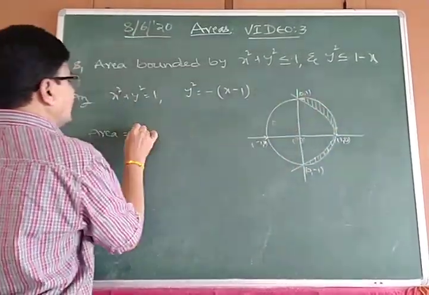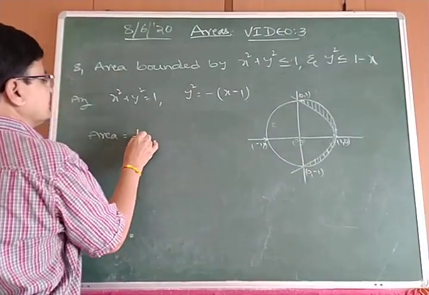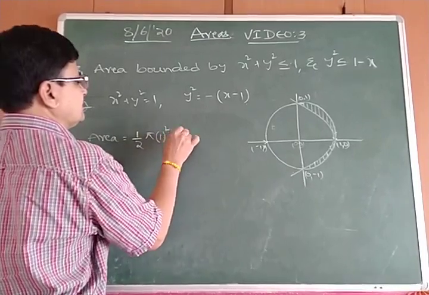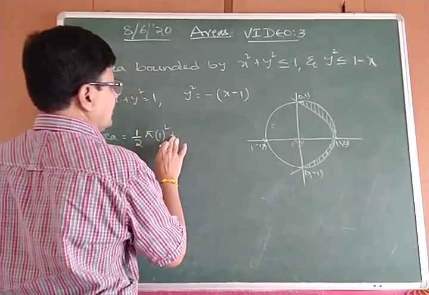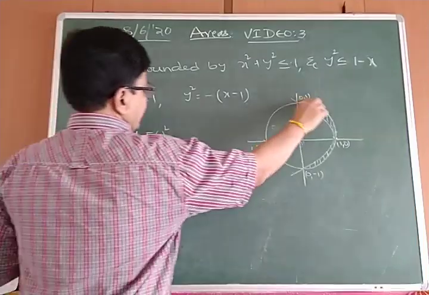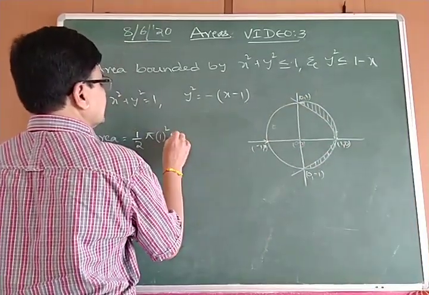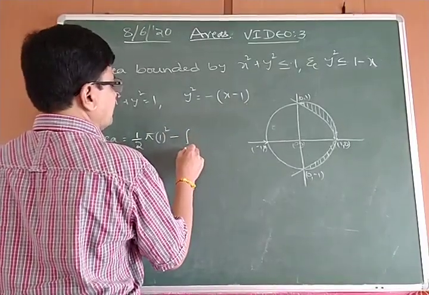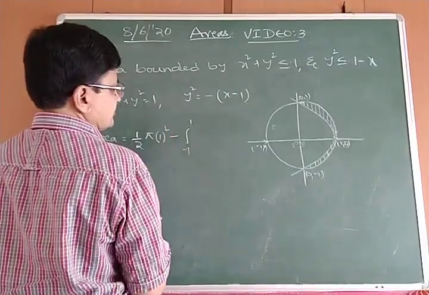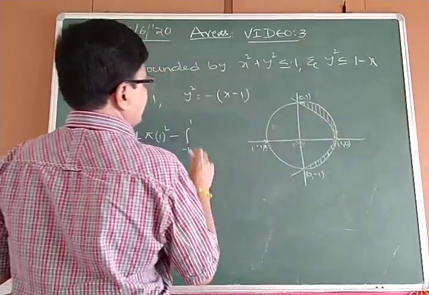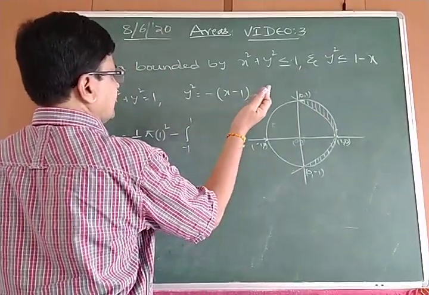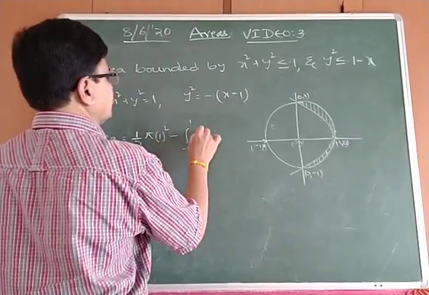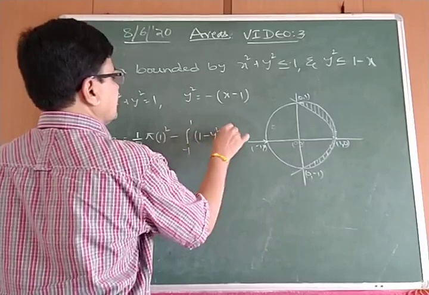So that's why half of pi into r square, meaning 1 square, plus, that is the complete area, and minus integral minus 1 to plus 1, parabola area, y square minus 1 minus y square, dx dy.